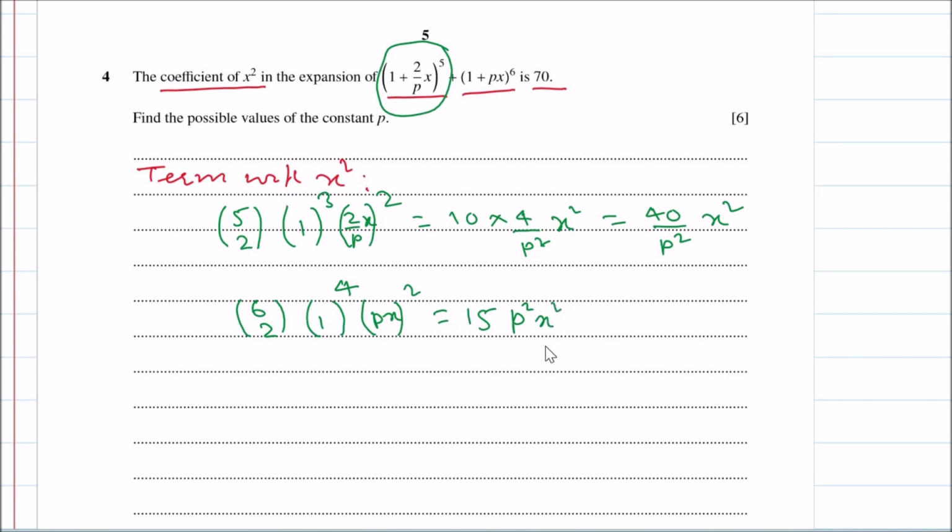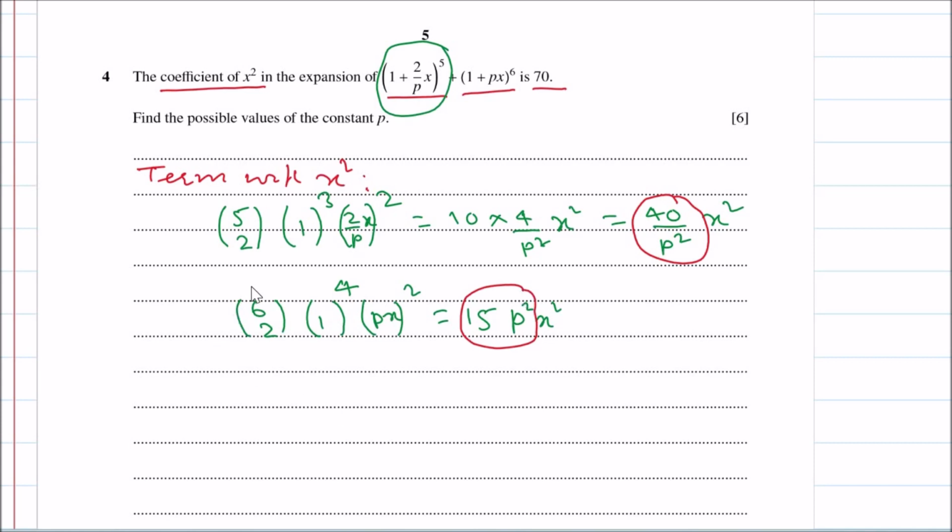Okay. Now we have been given the coefficient of x square. So the coefficient for x square in the first one is this, and here it is 15 p square only, right?